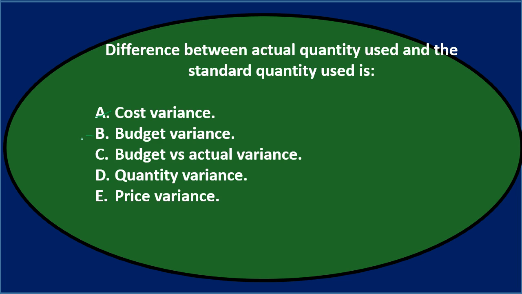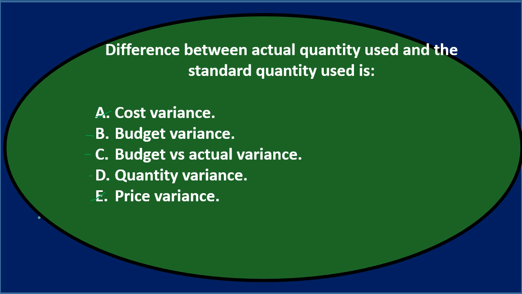C says the budget versus the actual variance, and again, I guess that sounds kind of reasonable. D says the quantity variance, and we are talking about the quantity here, so that seems reasonable. And E says the price variance. We're not talking about price, so it doesn't seem like E would be an answer. So we're looking at B, C, and D.